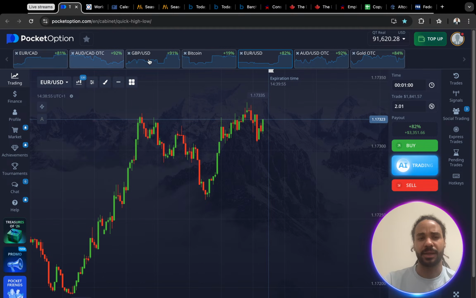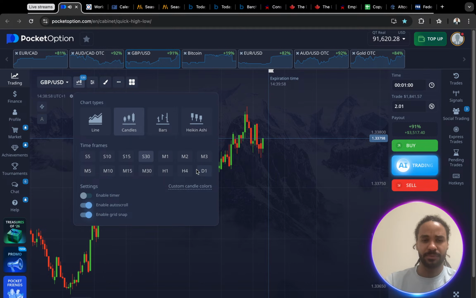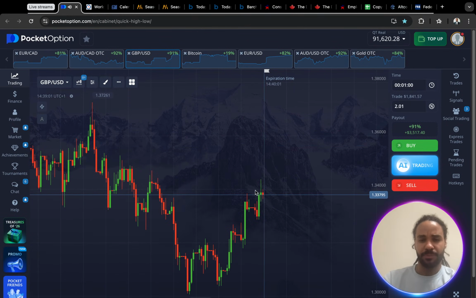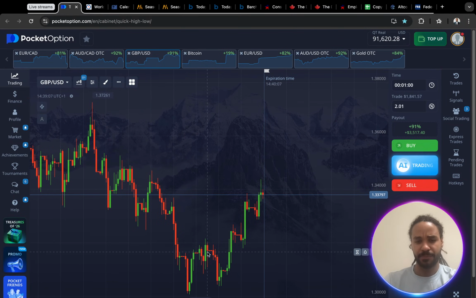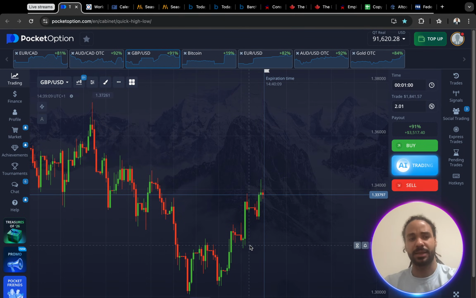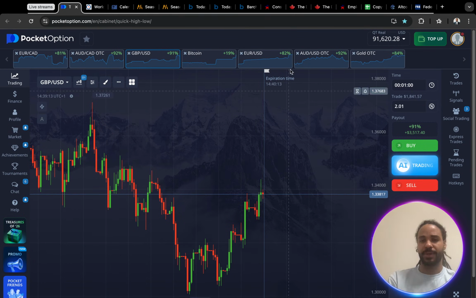So we're going to look at some of the pairs. We had the GBP/USD. If you go to the daily, overall we have this long retracement coming back all the way from the high, and we're starting to see some kind of move to the upside.